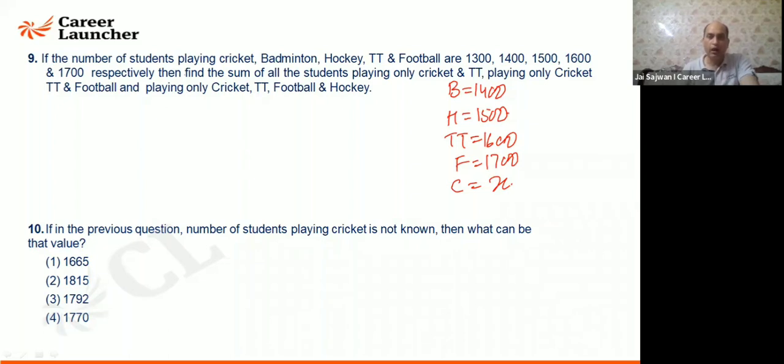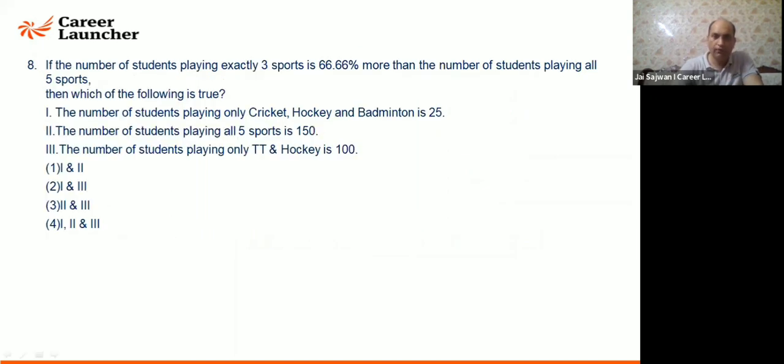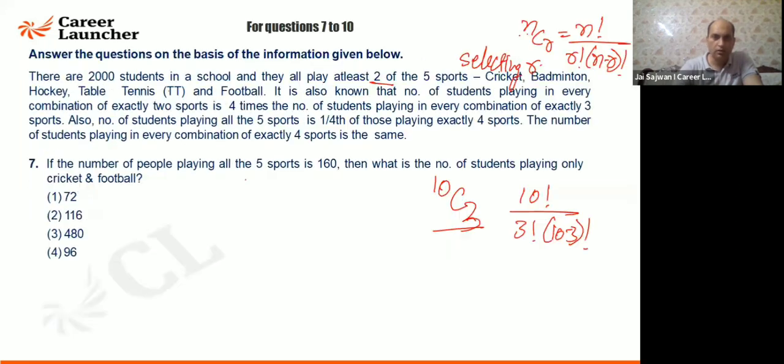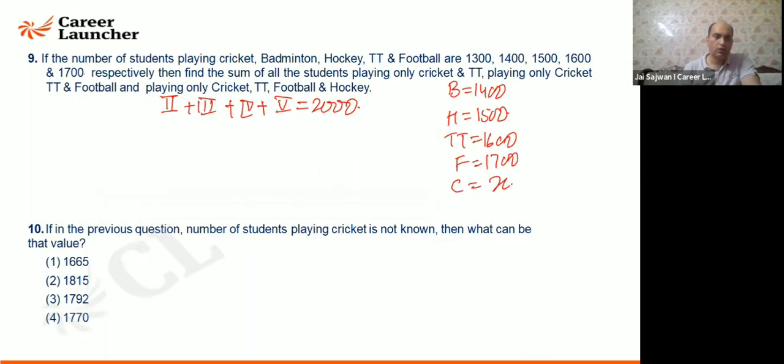Now, we are aware that the total number of people who are going to play 2 games, 3 games, 4 games, and 5 games is equal to 2000. We also know the people who are playing 5 sports is 1/4 of 4 sports.